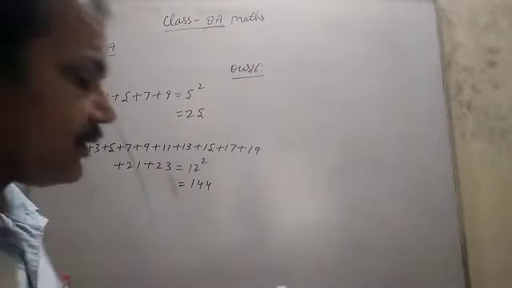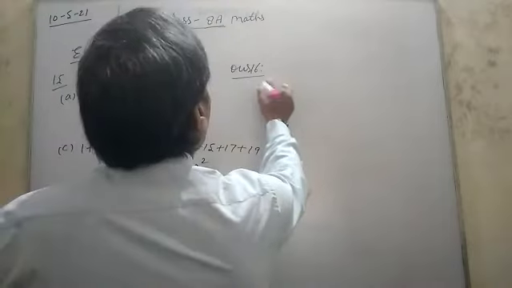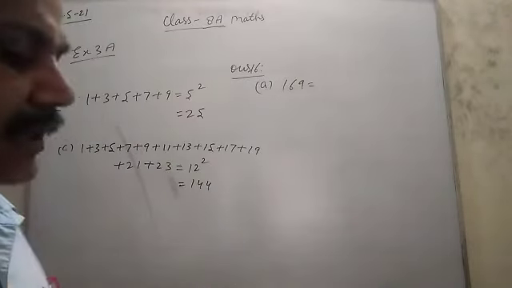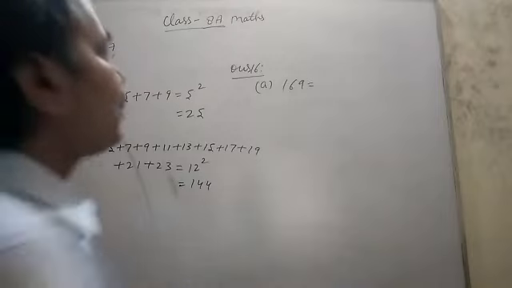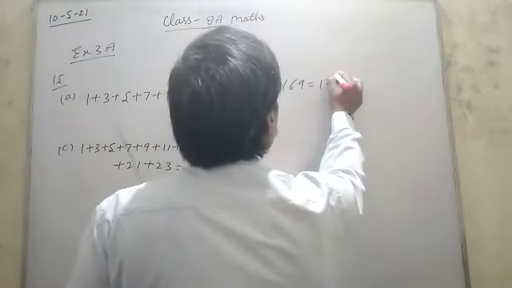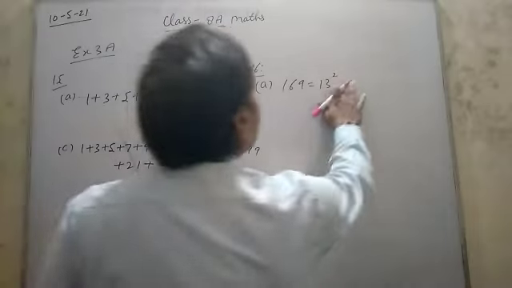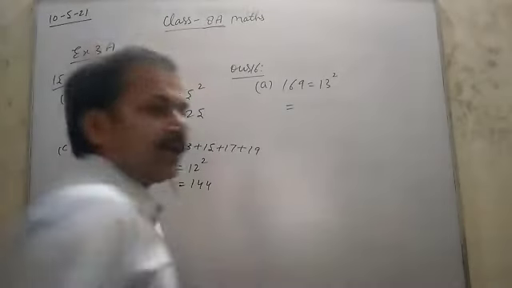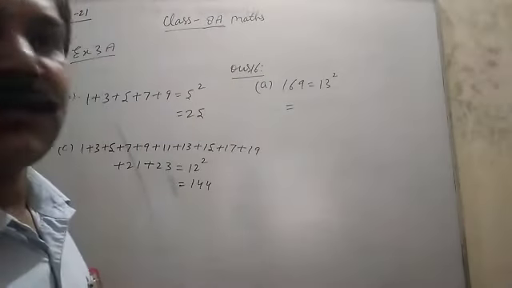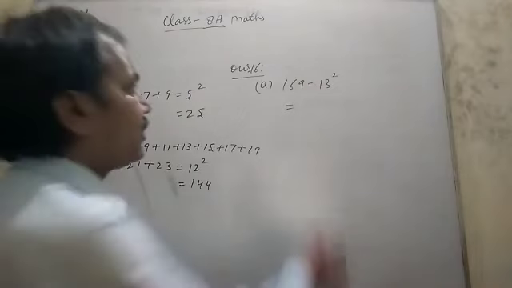Express 169 as the sum of 13 odd numbers. So 169 is the square of 13, so 13 square is represented as the sum of the first 13 odd natural numbers. Okay.